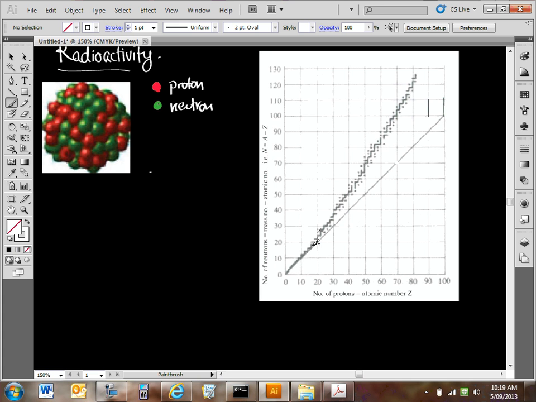You might notice that it kind of curves towards the neutron side, the y-axis. So down here, the number of protons and the number of neutrons are approximately equal.